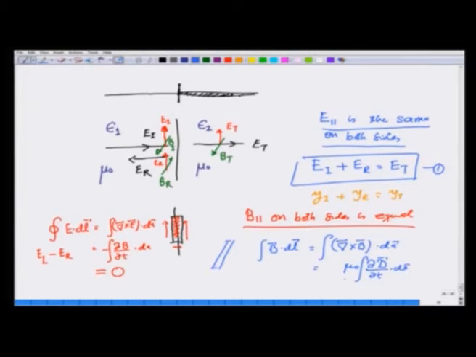As the area is taken to 0, this goes to 0, and the left hand side becomes 0, which again gives, like the argument for electric field, that B on two sides must be equal.